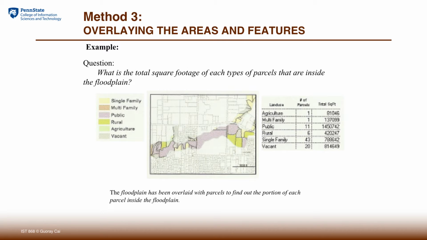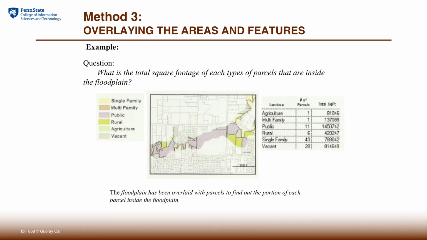So the question is, what is the total square footage of each type of parcel that is inside the floodplain? In order to answer that question, we need to figure out for each parcel which piece is inside and which piece is outside. So if there's a boundary cutting across, we need to split those parcels into two or more pieces.